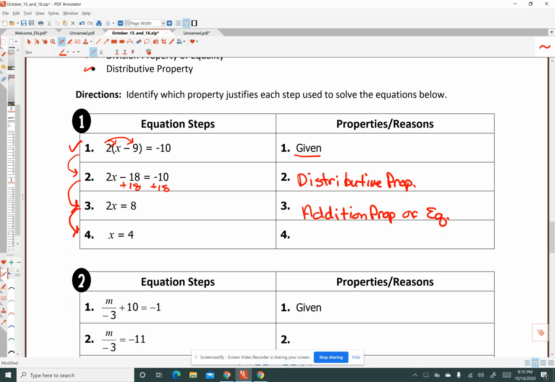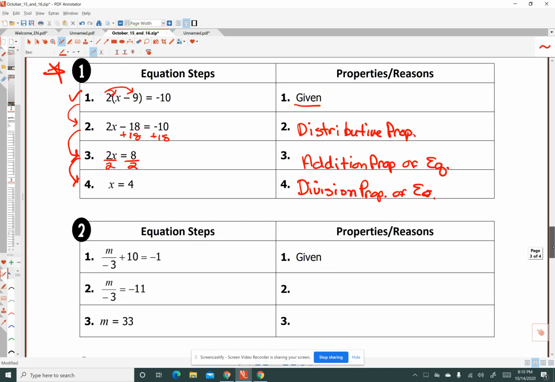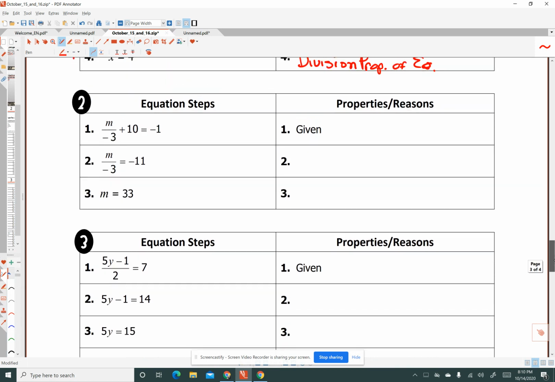What allowed us to get from step 3 to step 4? Well, we divided both sides by 2, which is our, you guessed it, division property of equality. And that's the first one, so we've taken care of that. I hope this is starting to look a little familiar to you.